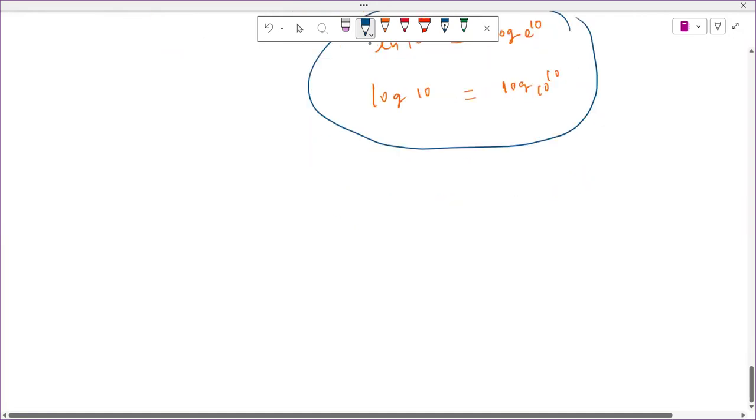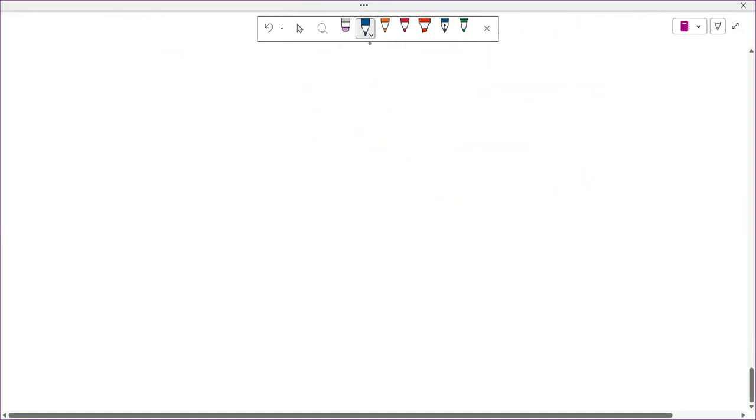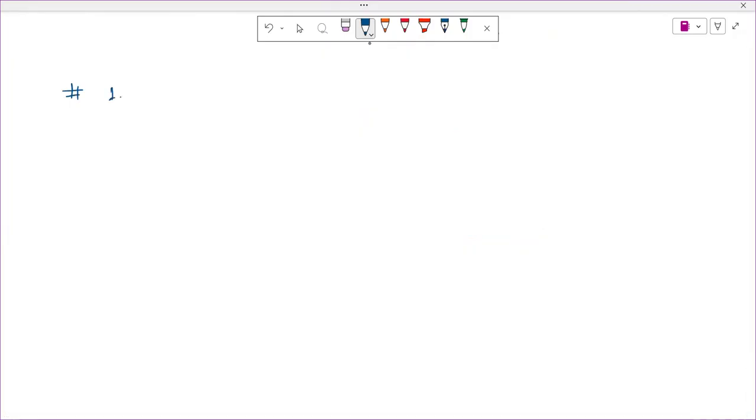Now I'm going to write some properties here. The first one: log_a 1 will always be 0, since any number to the power 0 is 1. If you have log_a a, it's 1, since a to the power 1 is the same number a.